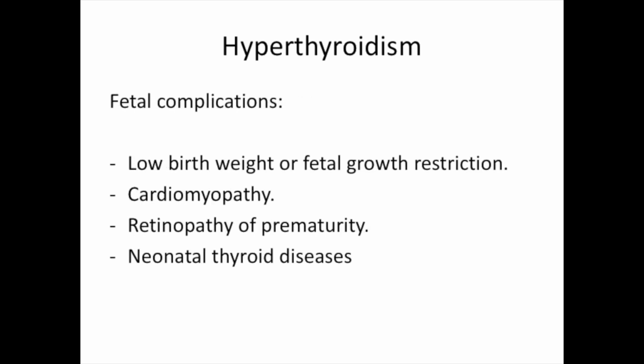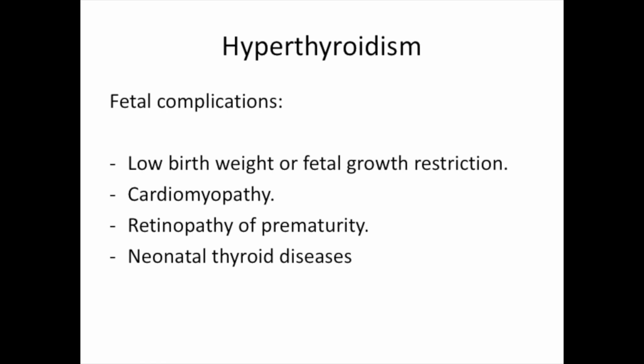The effect of the hyperthyroidism on the baby is also quite significant. Complications can happen, like low birth weight or fetal growth restriction, which can end up with fetal cardiomyopathy, or retinopathy of prematurity. Eyes get affected, or neonatal thyroid disease.